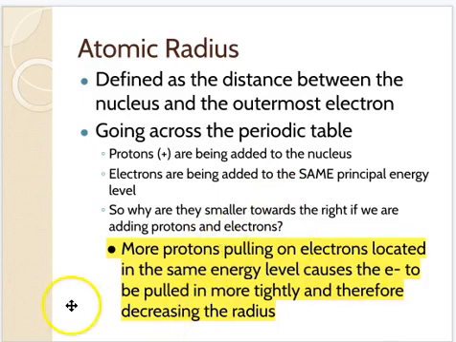And this is why I highlighted in yellow. If you have more protons pulling on the electrons, but they're located in the same level, that's going to cause the electrons to be drawn in more tightly. And if you draw in those electrons more tightly, you have a smaller atom. Okay, so I'm going to say that again. If you have more protons in the same energy level getting added, they're going to pull the electrons in more tightly, and therefore atoms get smaller from left to right.